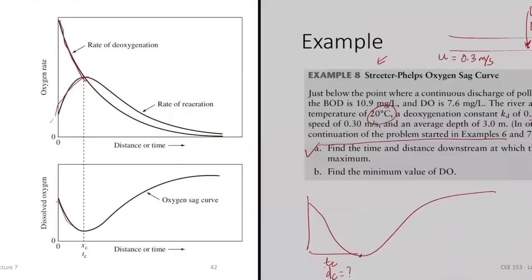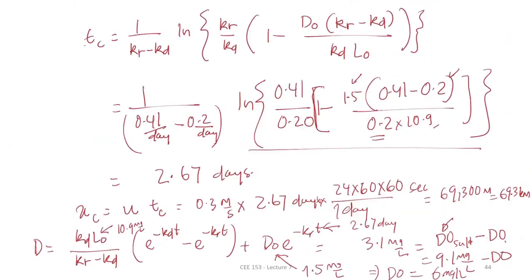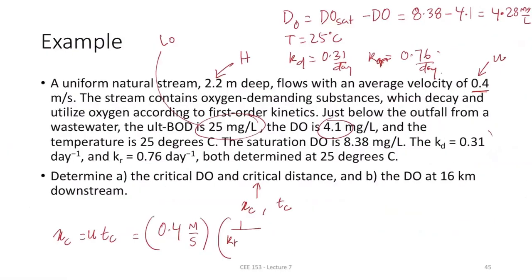So let's write the value here. That tc is this term: 1 over (KR minus KD) times ln of KR over KD times (1 minus D0 (KR minus KD) over (KD L0)).